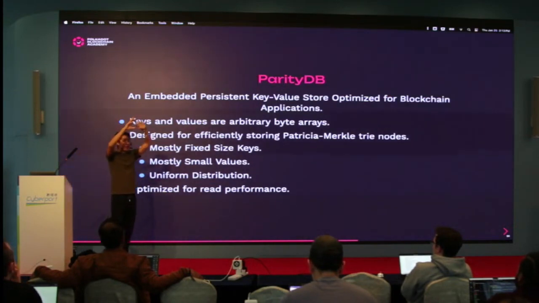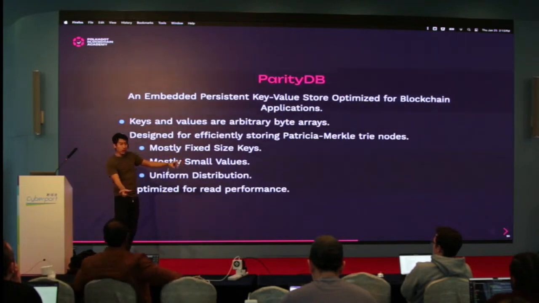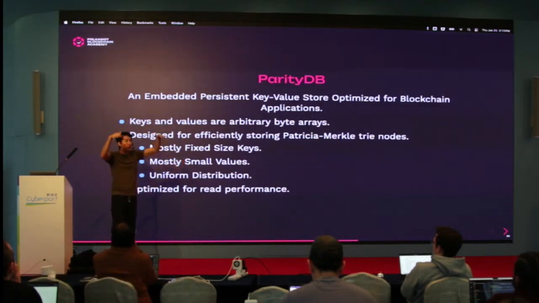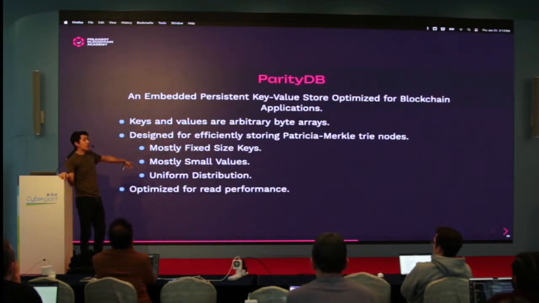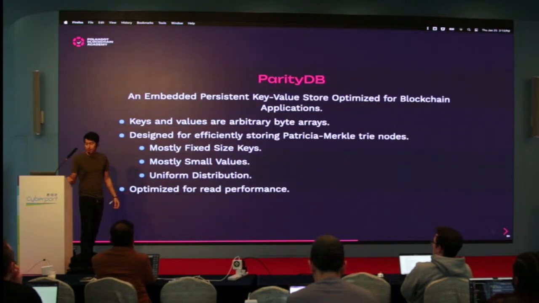When you're building a Merkle tree, the data is here. Those are big, but there's like a million nodes to get to them, which are all small hashes. So it's really optimized for small nodes and a uniform distribution of data. It is optimized for read performance as well, because writing data, we can always do that asynchronously. We can always push that down the road, okay?